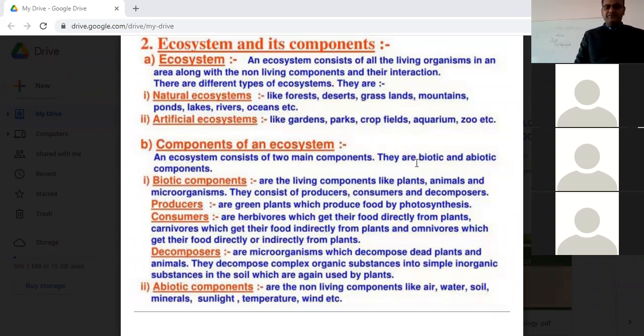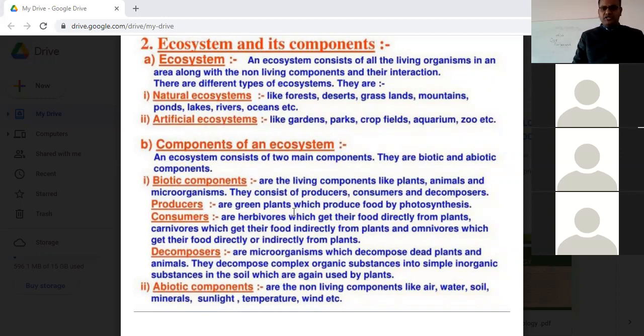Biotic components are the living components like plants, animals, and microorganisms. They are further classified into producers, who prepare the food by the process of photosynthesis. Consumers are further classified into primary, secondary, and tertiary.